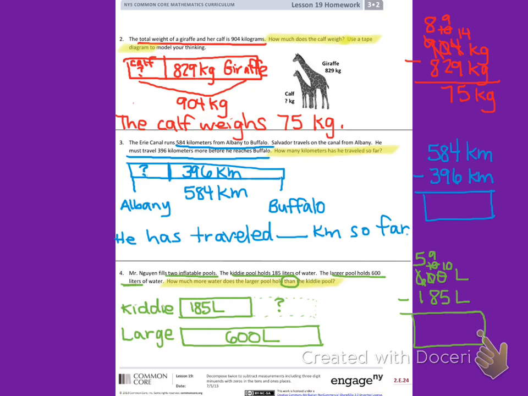Now, we're going to write the sentence that answers the question, how much more water does the larger pool hold than the kiddie pool?